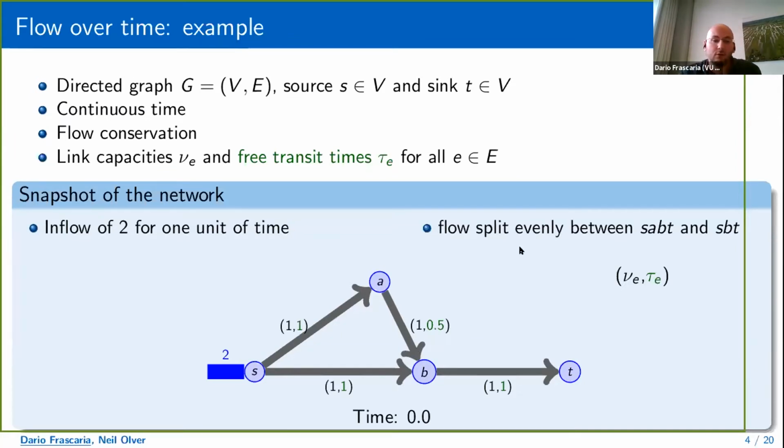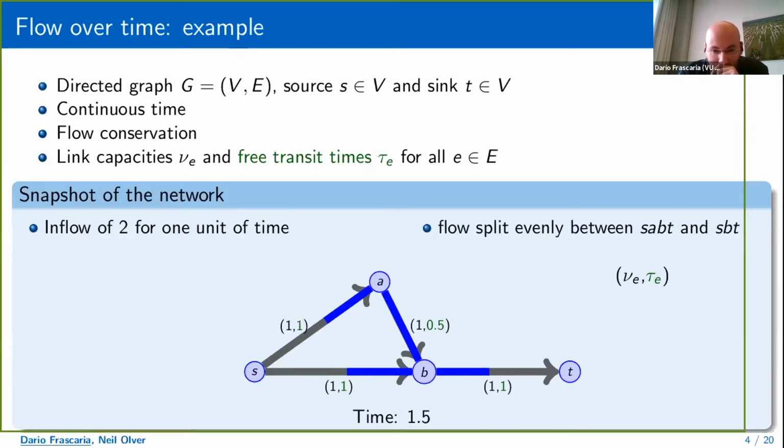We have an inflow into the network equal to 2 for 1 unit of time, and the flow splits evenly between the paths SABT and SBT. The flow will start moving towards the sink. At time 1, the inflow drops to 0.